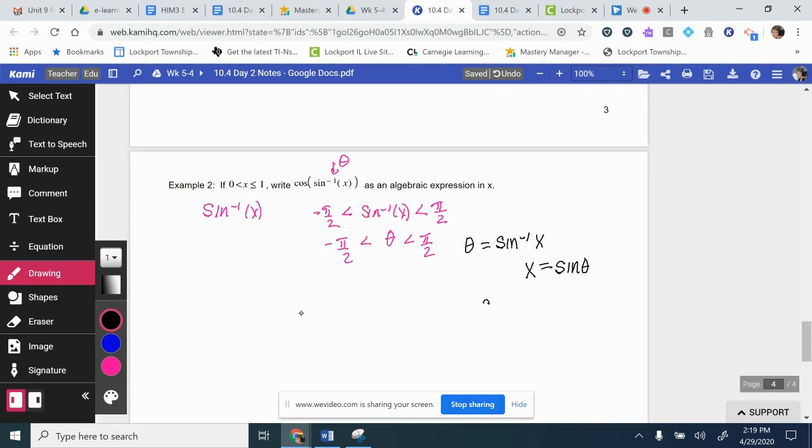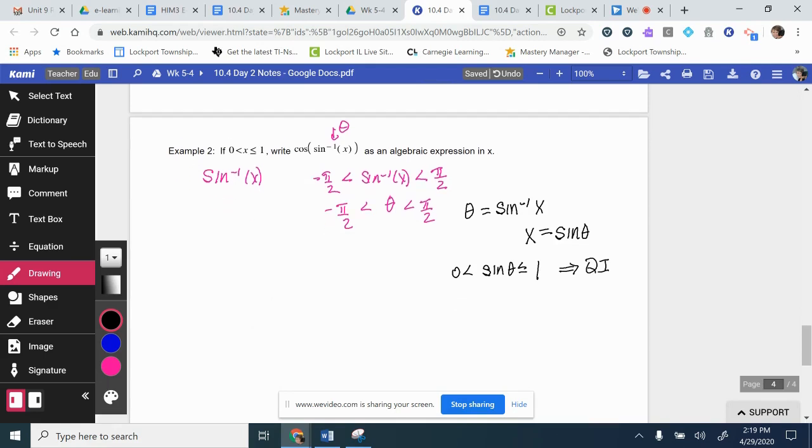This x, or this sine of theta, based on the original construct of the problem, has to be positive. So this means I am operating here in that first quadrant. And now I know how to draw my triangle.